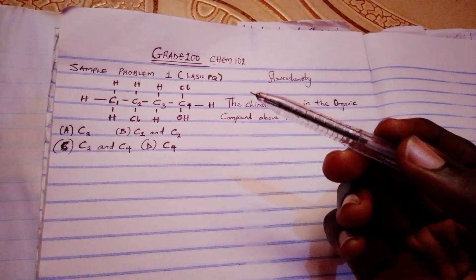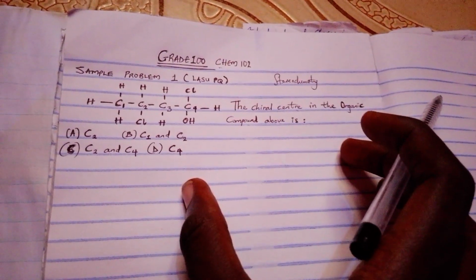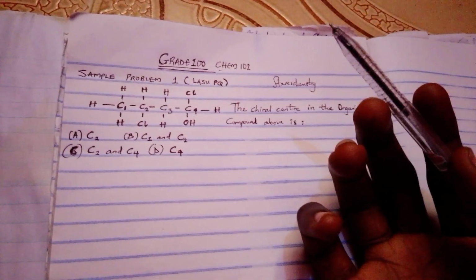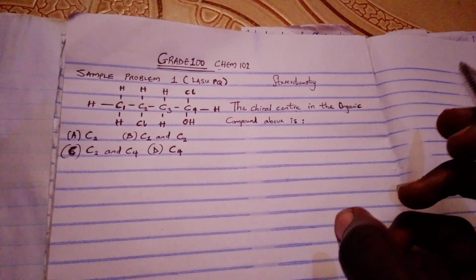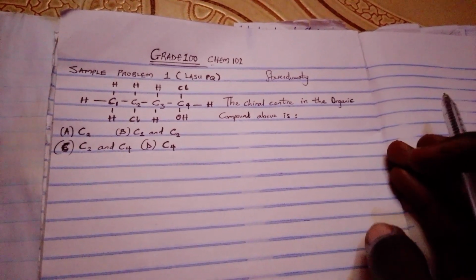Now, before we solve this particular question, let's look at what a chiral center is. A chiral center is simply also called a chiral carbon. A chiral carbon must be attached to 4 different groups.